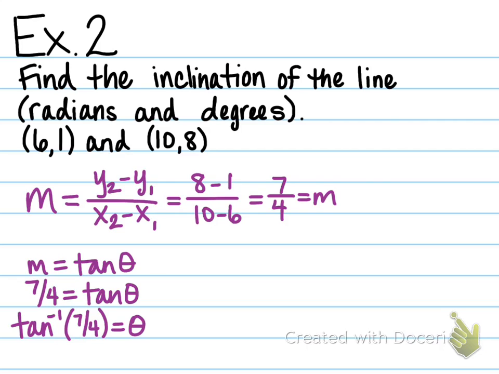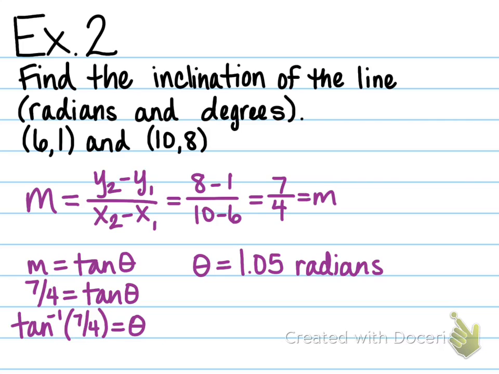So inverse tangent of 7 over 4 equals theta. It doesn't matter what mode you're in because we're going to get our answer in radians and degrees. If you type inverse tangent of 7 over 4, since the last problem we were in radian mode, the first answer that we're going to get is in radians. So this will be 1.05 radians.